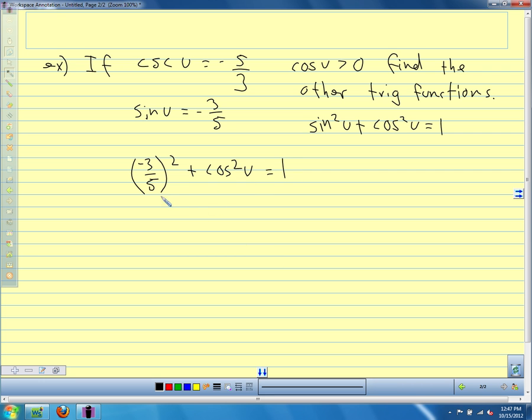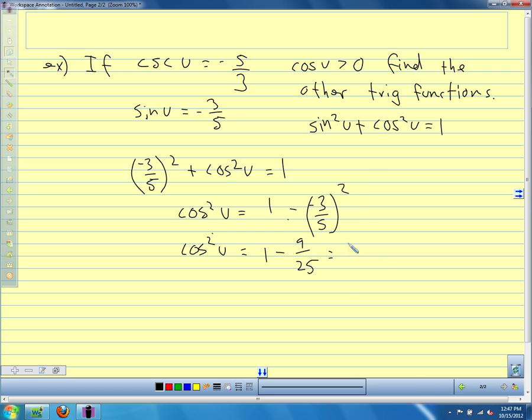So subtract minus 3/5 squared, I get that the cosine squared of u equals 1 minus negative 3/5 squared. I just subtracted 3/5 squared from both sides. And so cosine squared u equals 1 minus, if I square this out, I get 9/25.